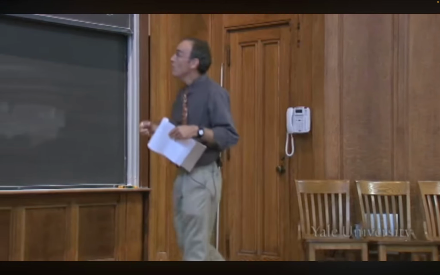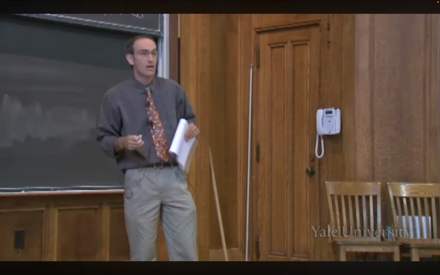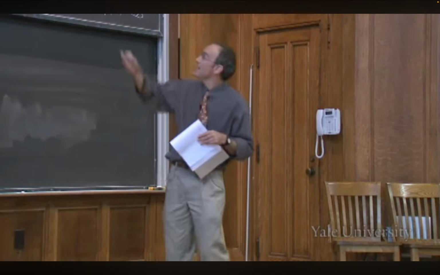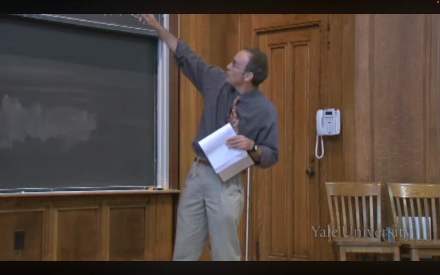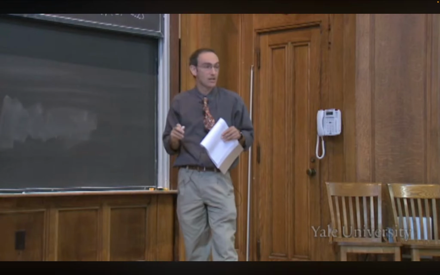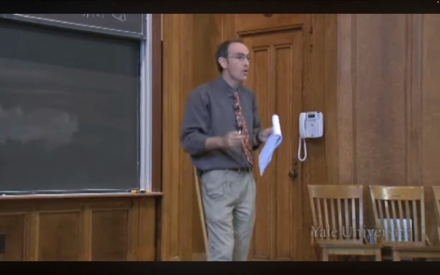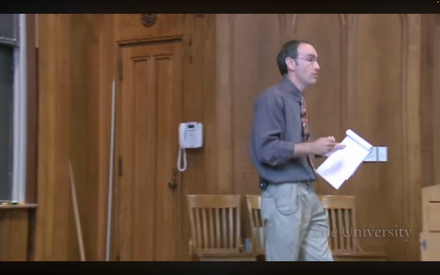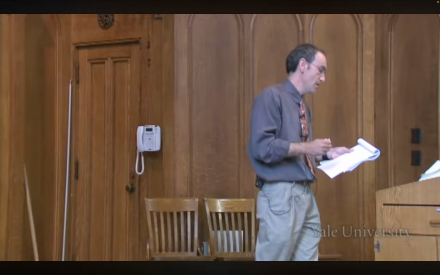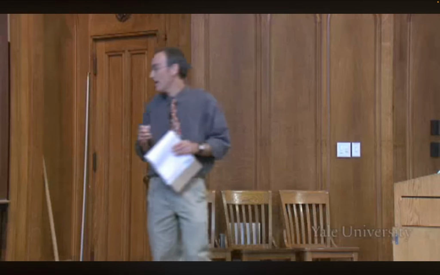In general, when I play a mixed strategy, the expected payoff I get is a weighted average of the expected payoffs of each of the pure strategies in the mix. And weighted averages always lie inside the payoffs that are involved in the mix. All right? So let me try and push that simple idea a little harder.